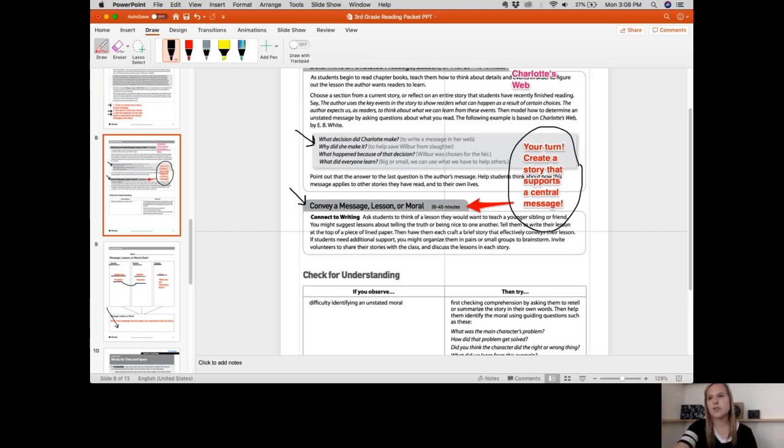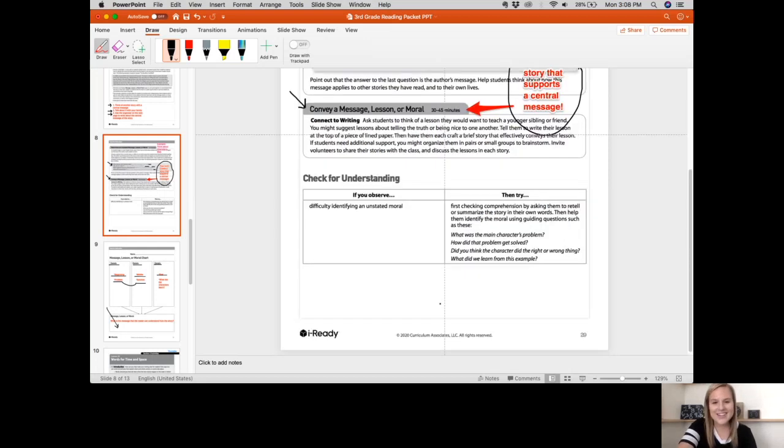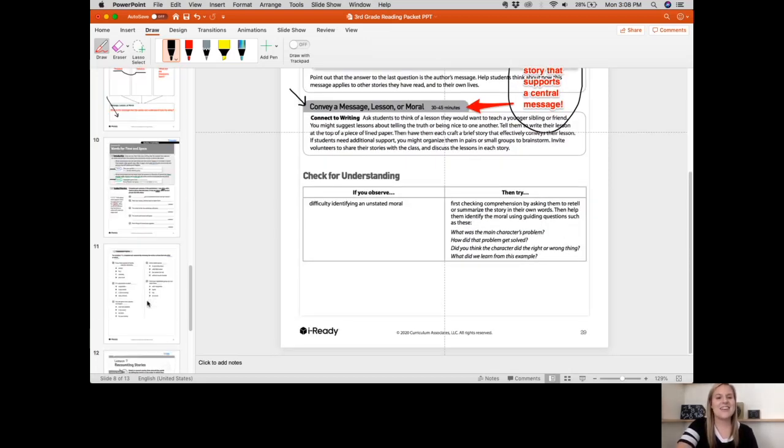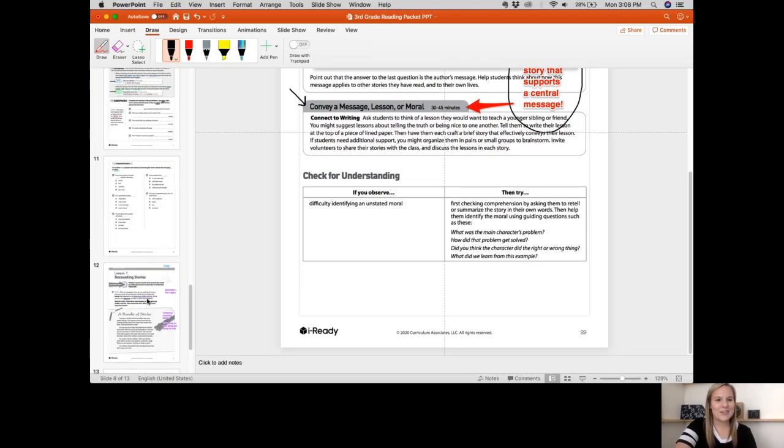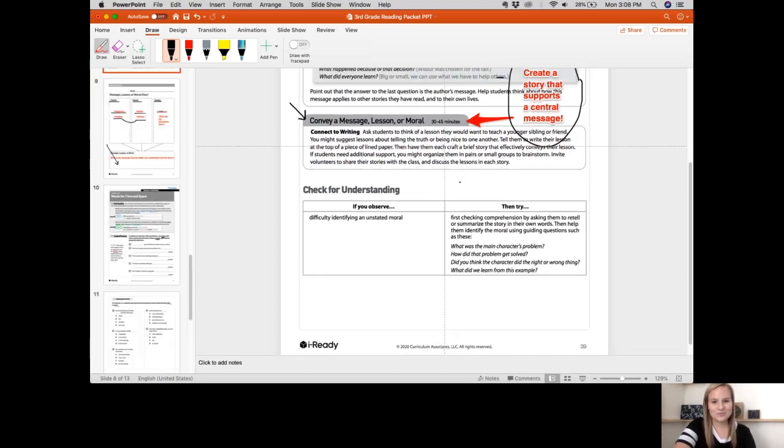So if you have a brother or sister who is having a hard time with sharing or lying, or there's a lesson that they need to learn about listening, it doesn't matter what it is, your parts of the story are going to lead to the central message. So you're going to create characters, you're going to create a problem and solution, a beginning, a middle, and end, and there is a chart provided for you to think about that too.